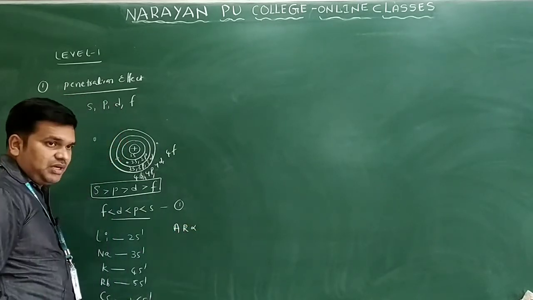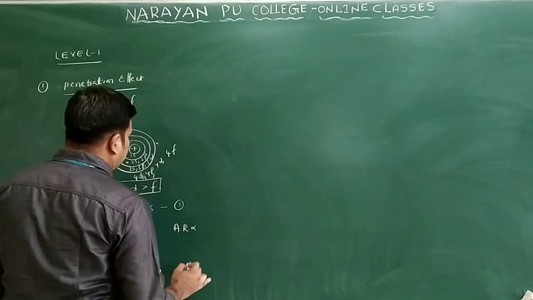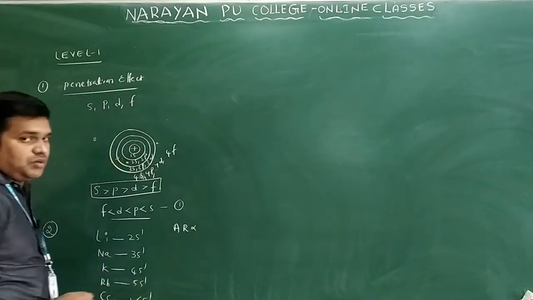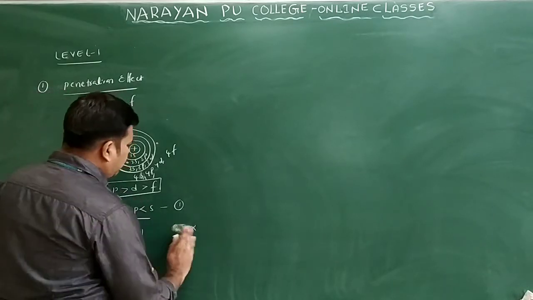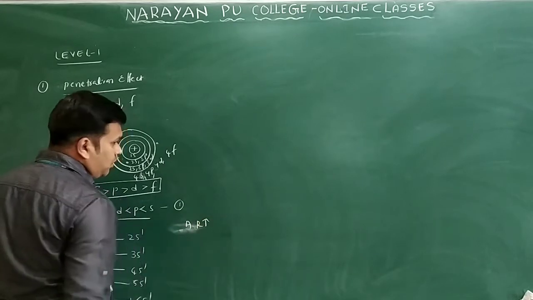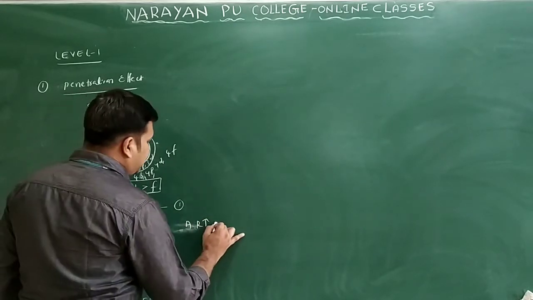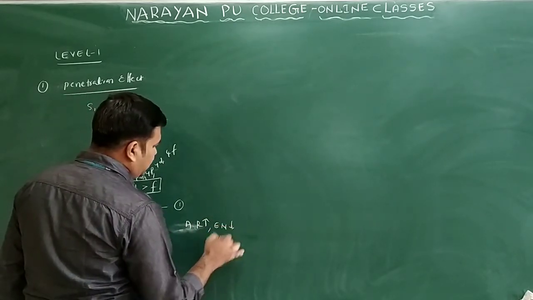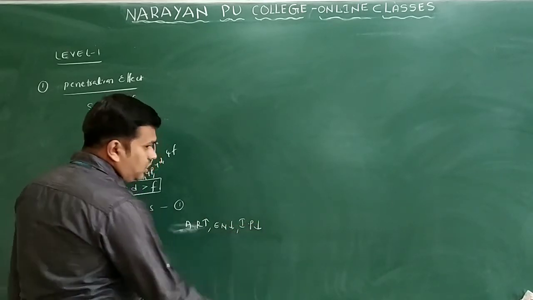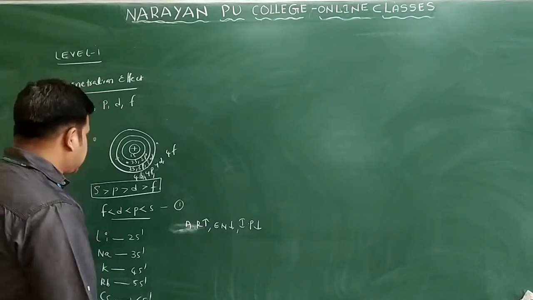Generally, in a group top to bottom, atomic radius increases, electronegativity decreases, and ionization potential also decreases. Here they are asking for the first element.